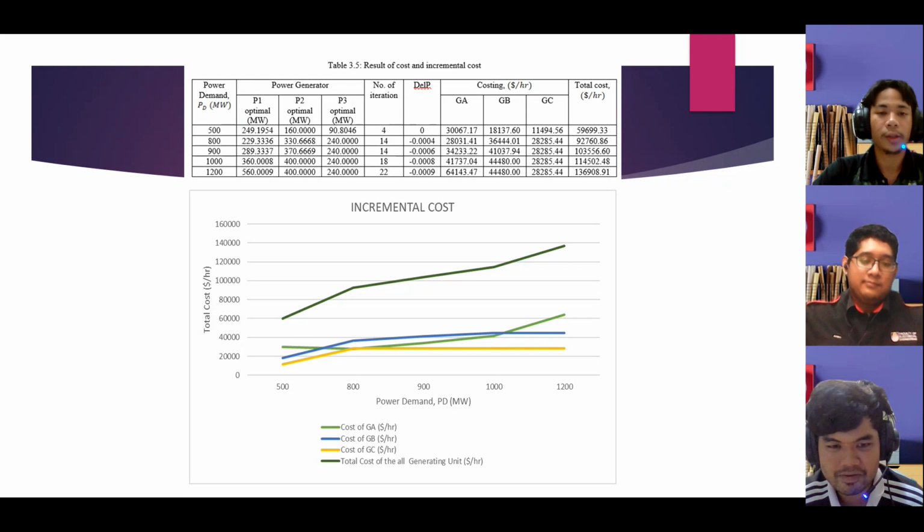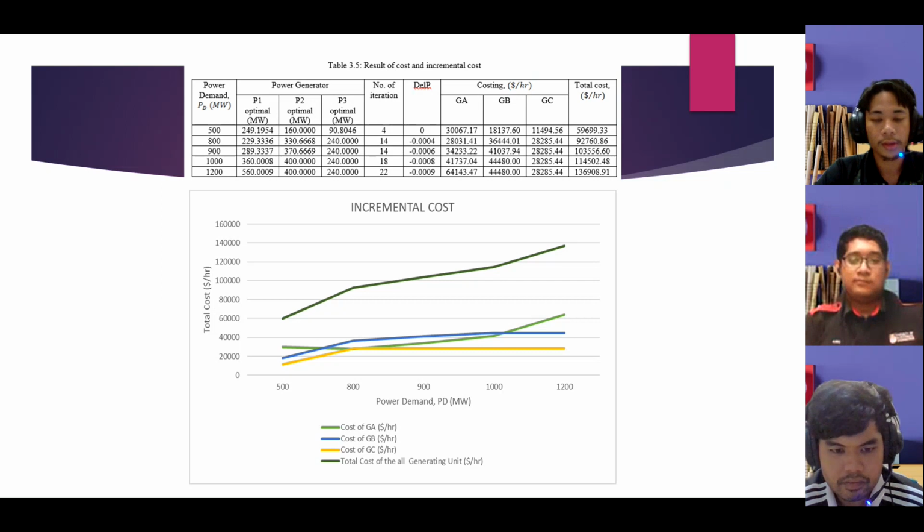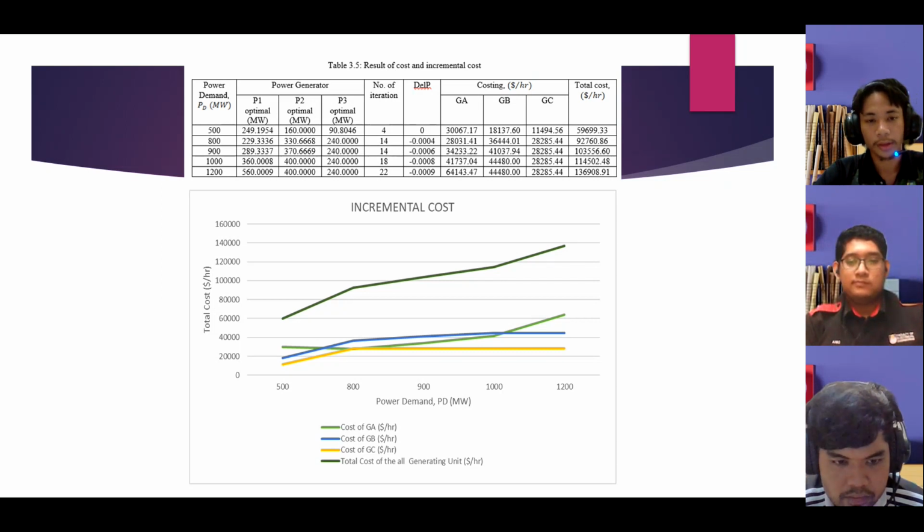This is for table 3.5. This is the result for the cost and incremental cost. As you can see, the highest cost is at 1200 megawatt.